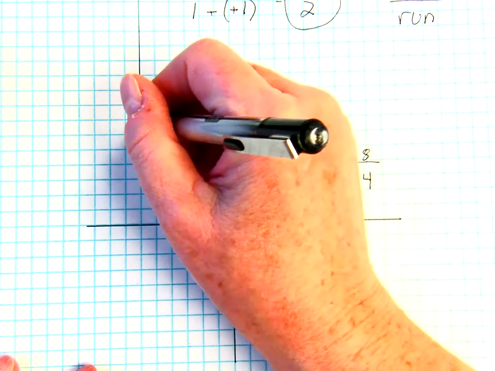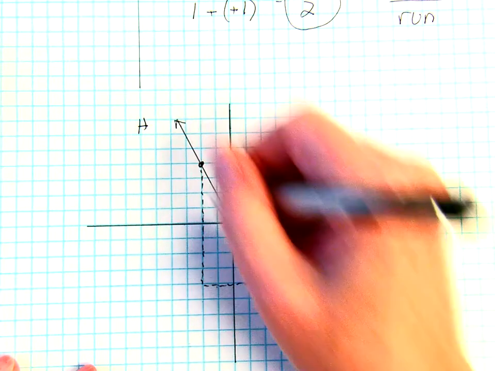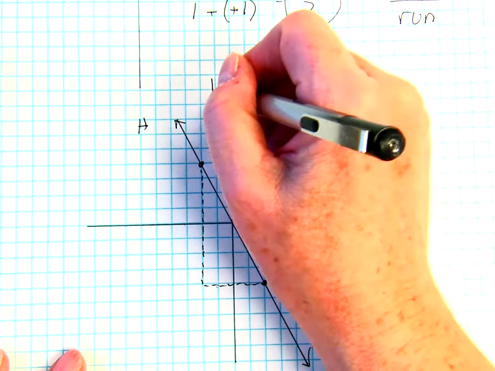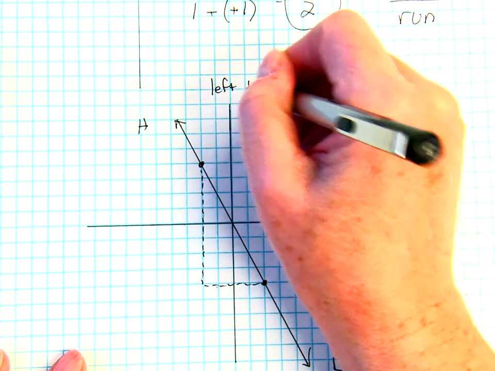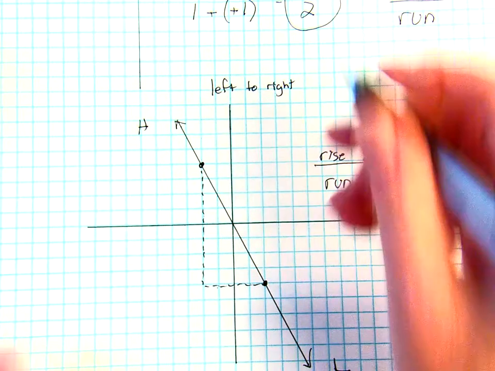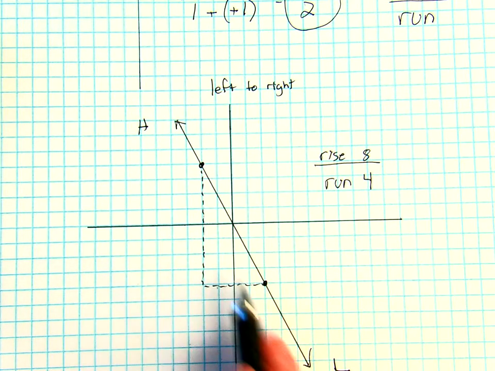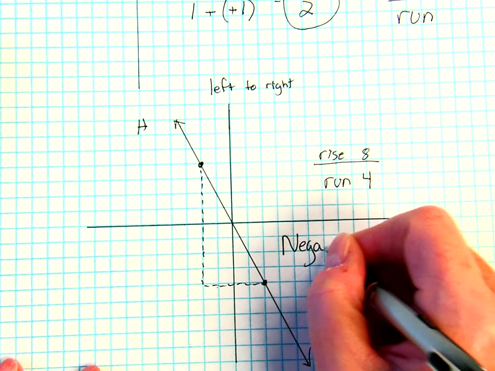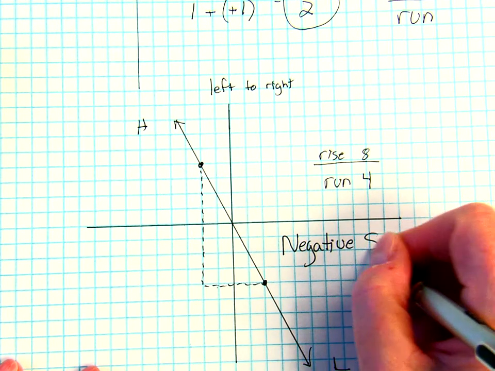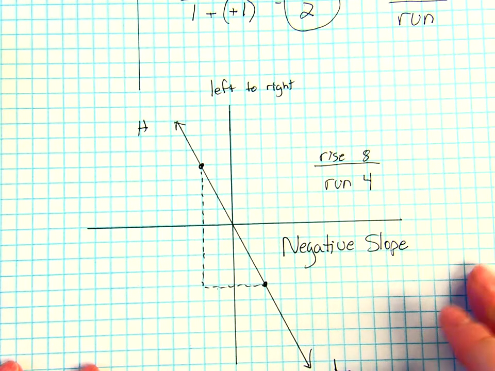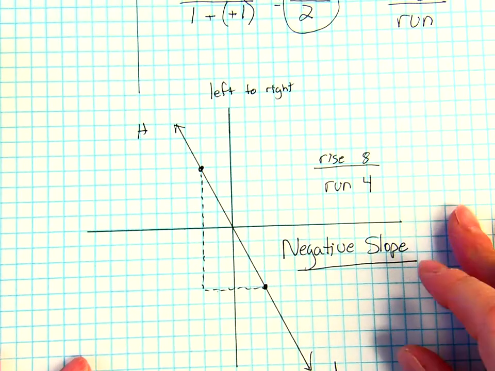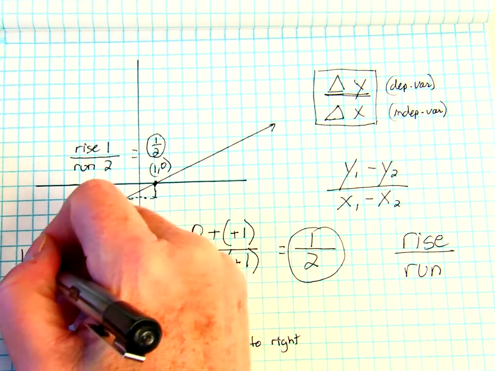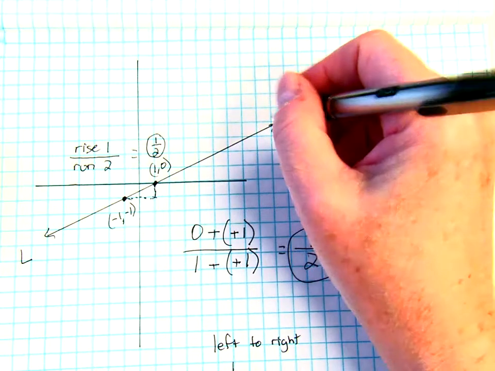Now, what I want you to notice with this line is the fact that I am higher to the left, lower to the right. Okay, looking at this left to right, which is how we read everything, left to right, I'm higher going lower. This is a negative slope line. Okay, a negative slope, as opposed to this one here, which is low on the left and high on the right.